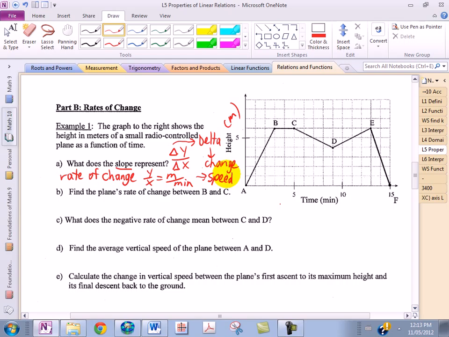Okay, so find the plane's rate of change between B and C. So this would be 0 meters over 2 minutes. Should I just leave that on a test like you guys did and get half marks? No. This equals 0. So that means there is no change.